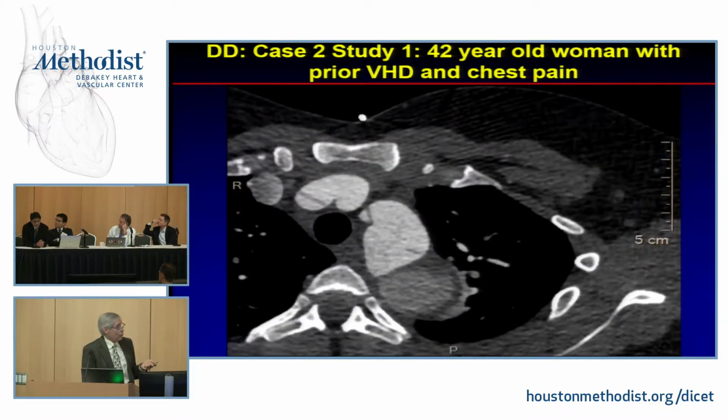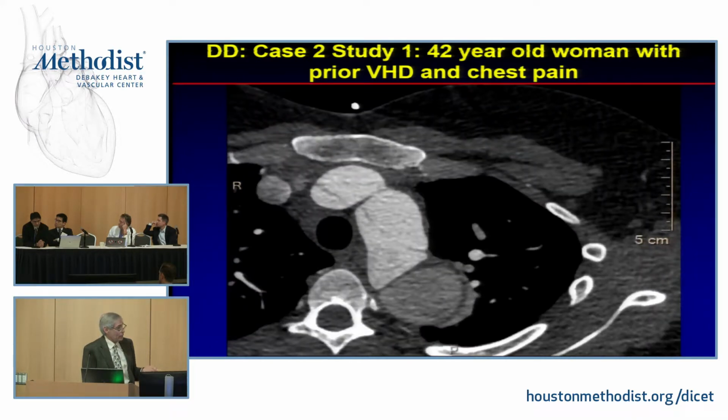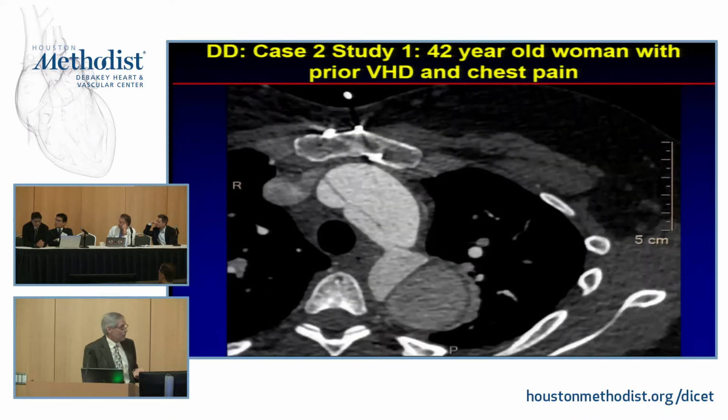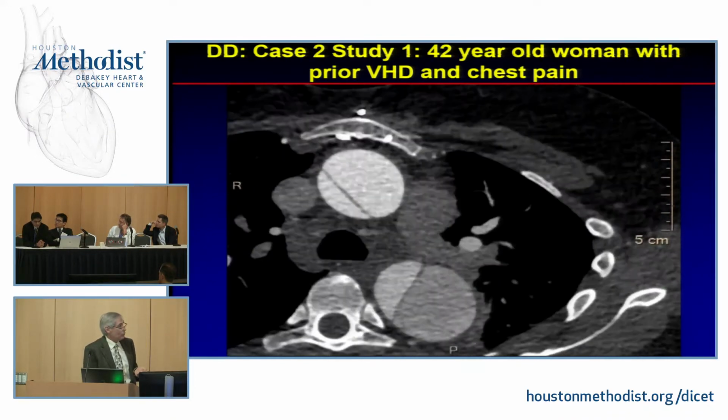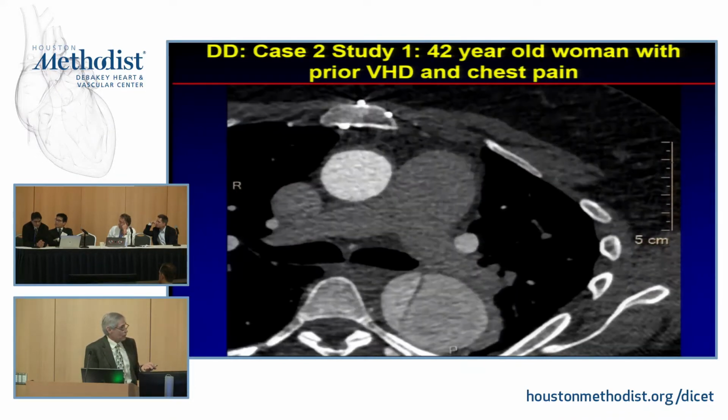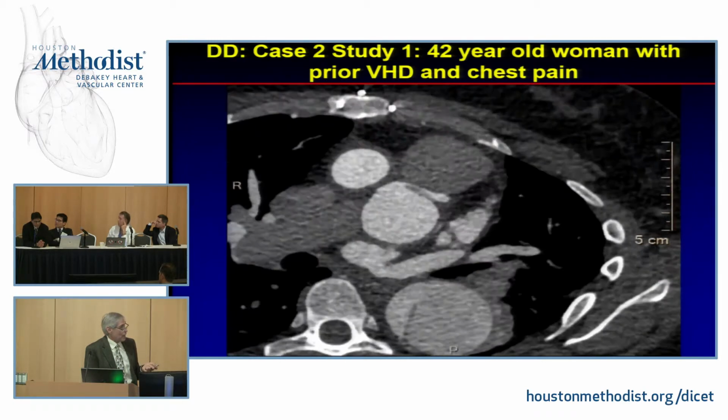First of all, it doesn't look like a distal dissection, because there's also dissection up here, okay? Secondly, in terms of the left atrial appendage, you can see that here, there's no left atrial appendage thrombus. What about coronary artery disease in the left main?